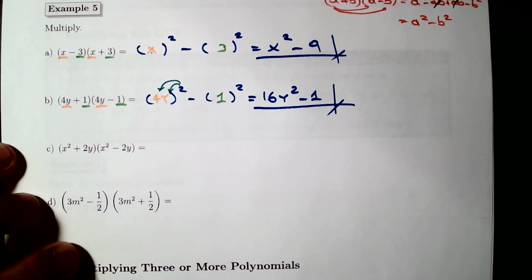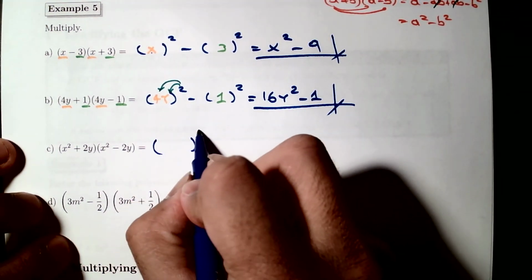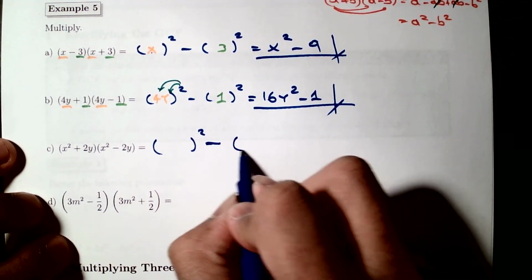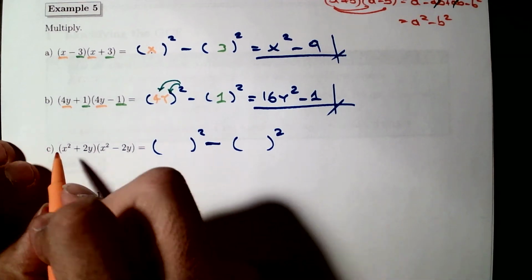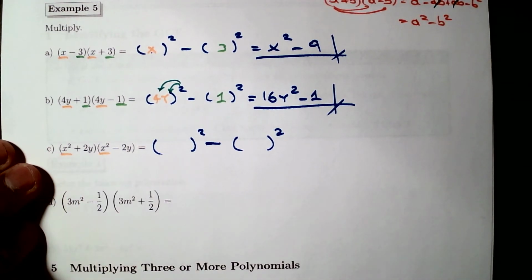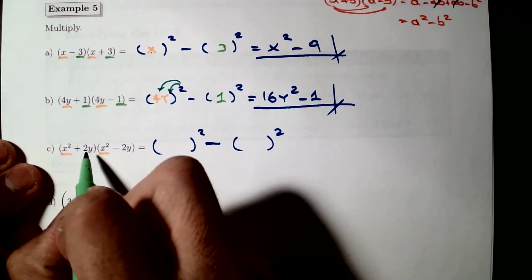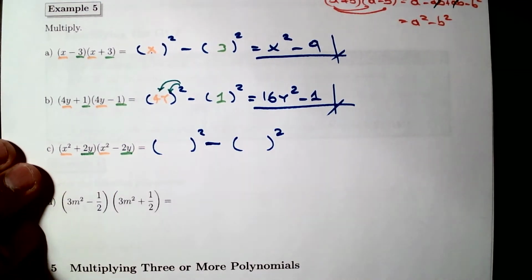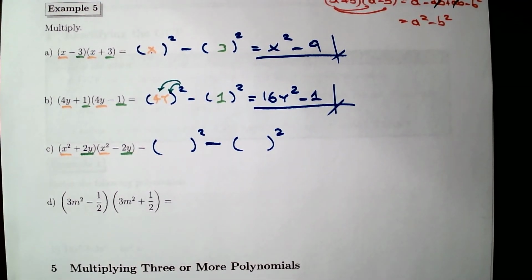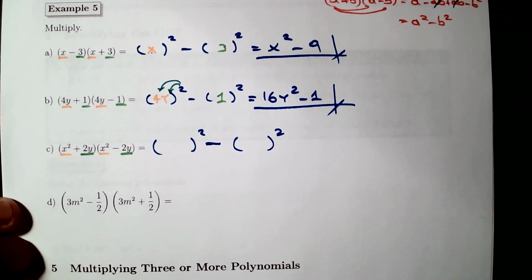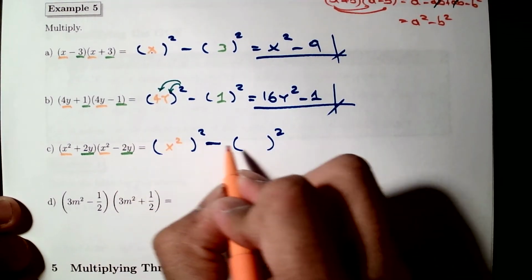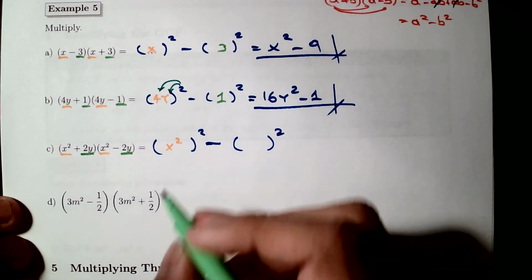So it's the same thing over here, quantity squared minus quantity squared. Alright, so quantity in orange, and this over here in green. So x squared and 2y.